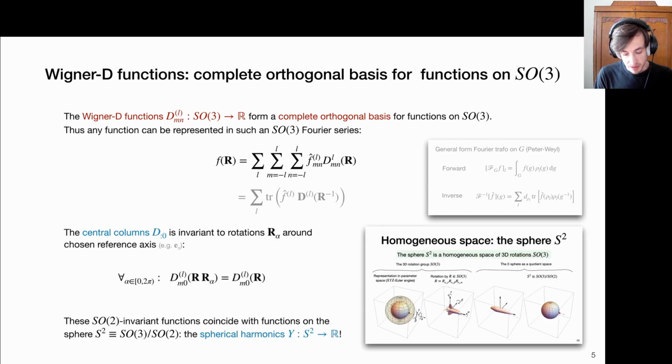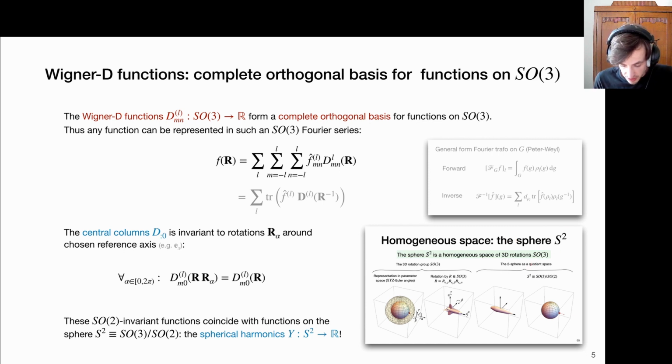Now, there's an interesting aspect about these Wigner-D matrices, and that is that their central columns are actually invariant to rotations around a particular reference axis. And what does it mean? I recall from one of the previous lectures, lecture 1.6, that we can think of the two-sphere as a homogeneous space of SO3.